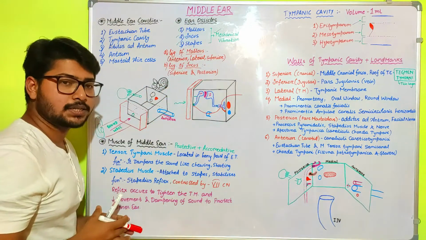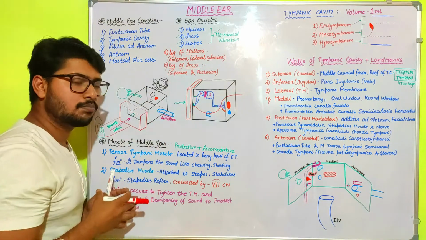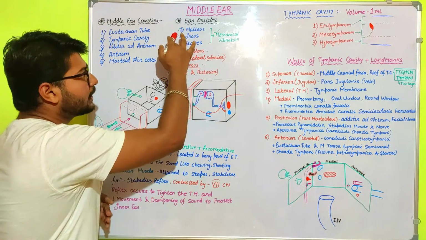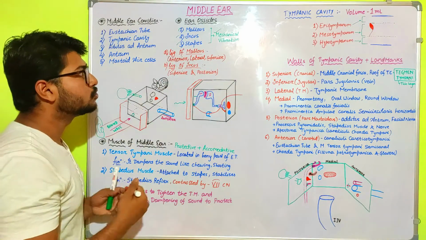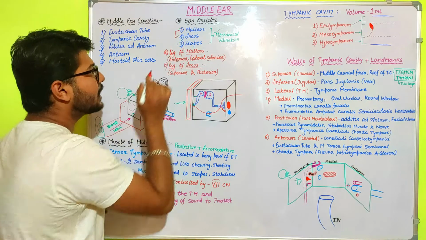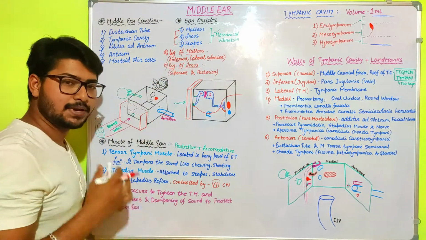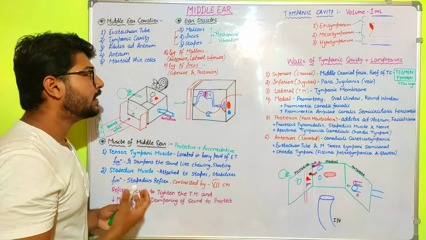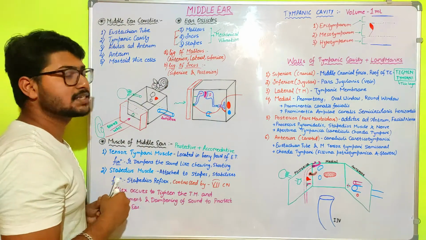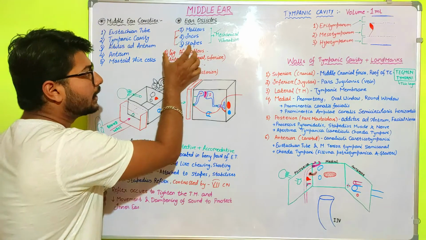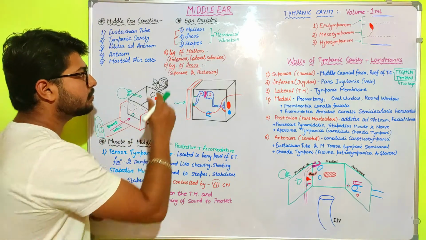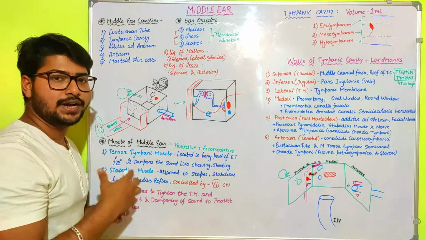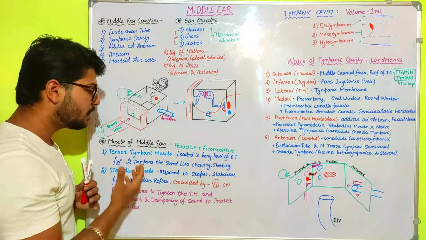As bones are present, obviously there will be joints and ligaments. So ossicular joints are present between the malleus, incus and stapes. Attached to the bones we have distinctive ligaments, the ligament of the malleus and the ligament of the incus. In addition to the ear ossicles, joints and ligaments, we have muscles.